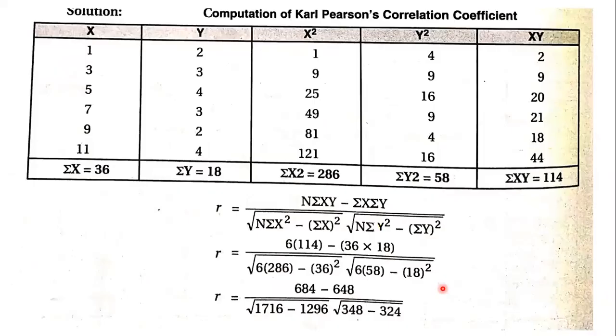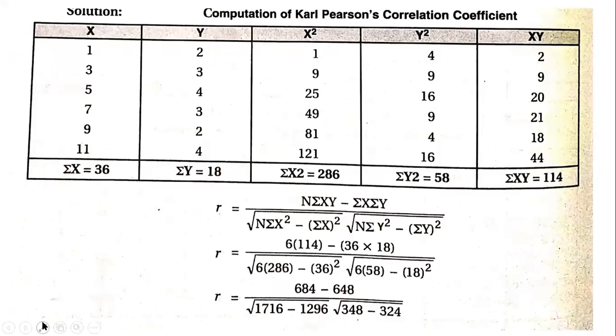Now let us go to the tabular calculation. The heading which is compulsory is computation of Karl Pearson's correlation coefficient. We copied the problems from the question, that is x values and y values. Now after copying down these two values, we just have to total the values.